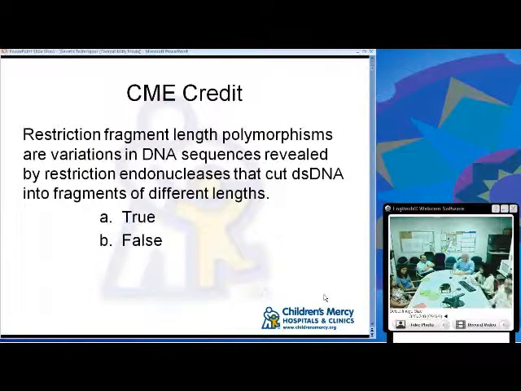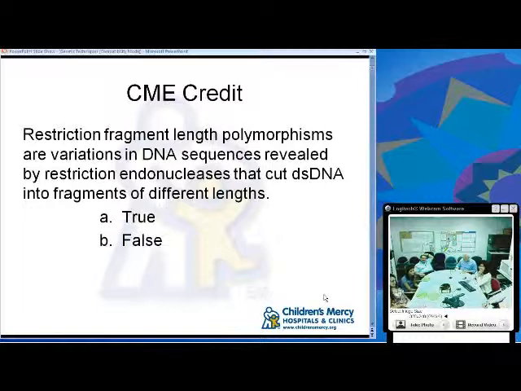Okay, so let's do our CME credit first. The first question is, restriction fragment length polymorphisms are variations in DNA sequences revealed by restriction endonucleases that cut double-stranded DNA into fragments of different lengths.